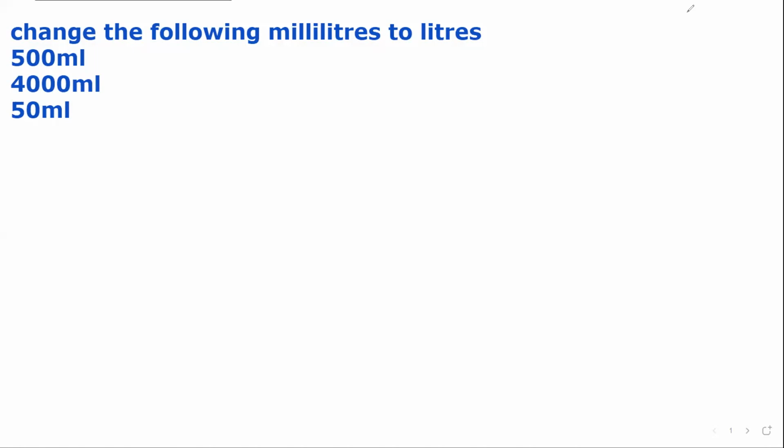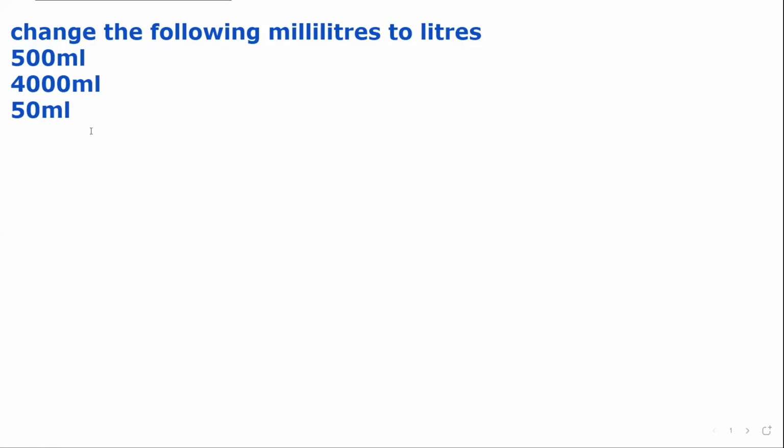We have 500 milliliters, or 500 mils. We are going to change the 500 mils to liters, and then 4,000 mils to liters and 50 mils to liters. So let's solve it.